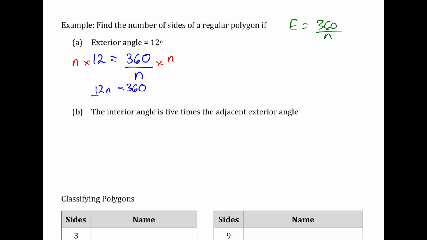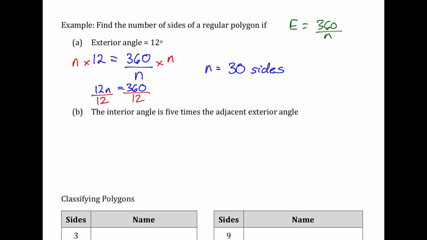Next step is divide by 12. So I get N is equal to 360 divided by 12, which is going to be 30. So we get 30 sides in this case. N is equal to 30 sides.